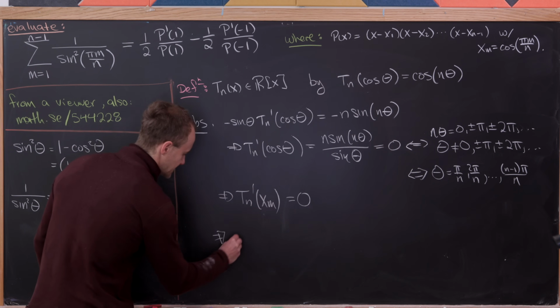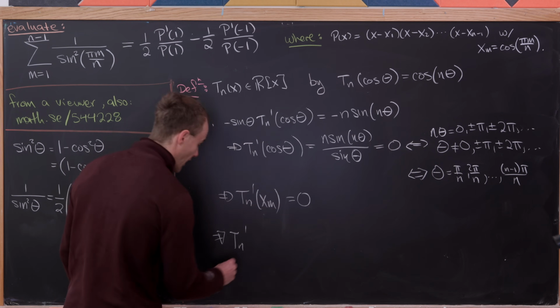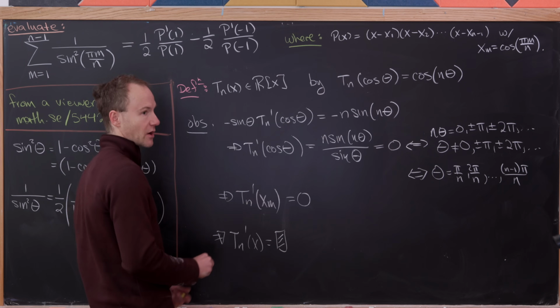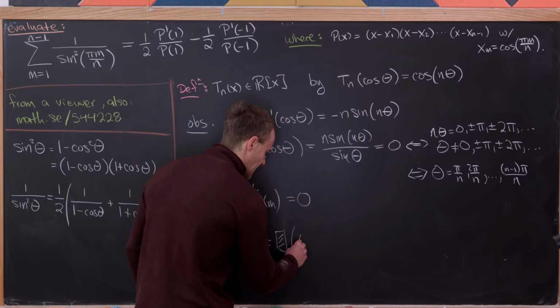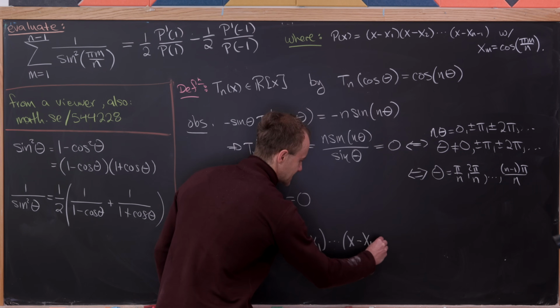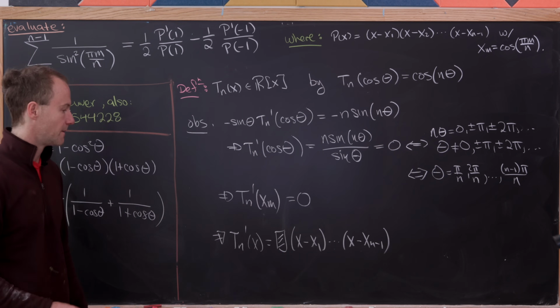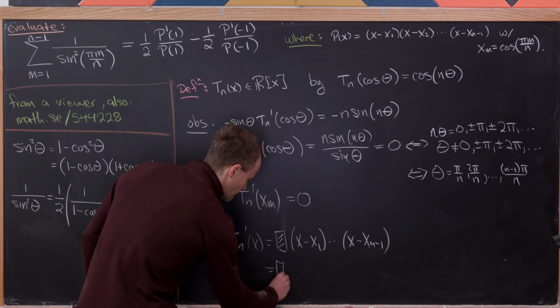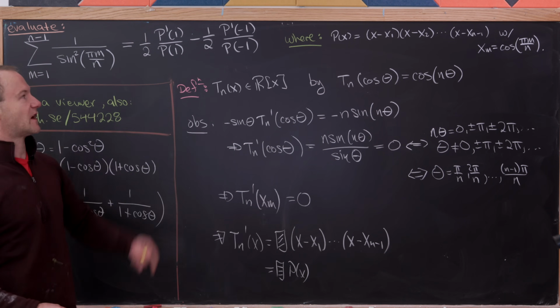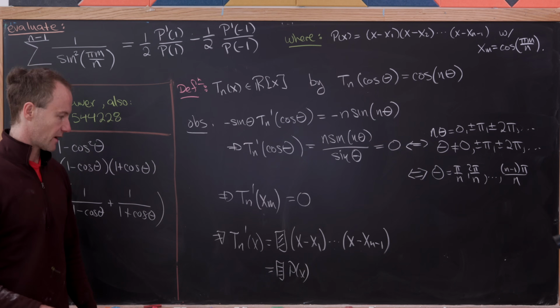So what that means is that T_n prime of x is equal to some number, we can always factor a number out, times (x minus x_1) all the way up to (x minus x_{n-1}). That's going to be equal to some number times p of x, by the way that we defined p of x right up there.